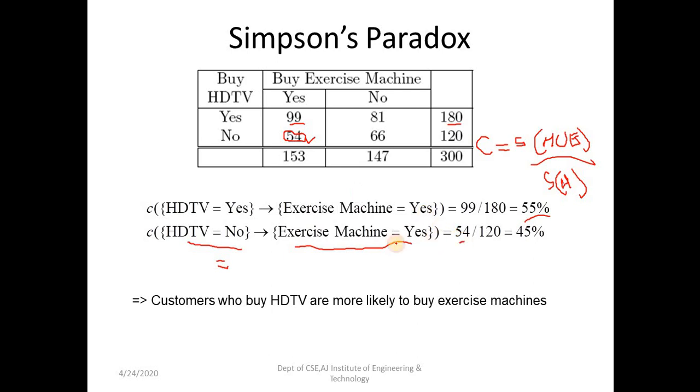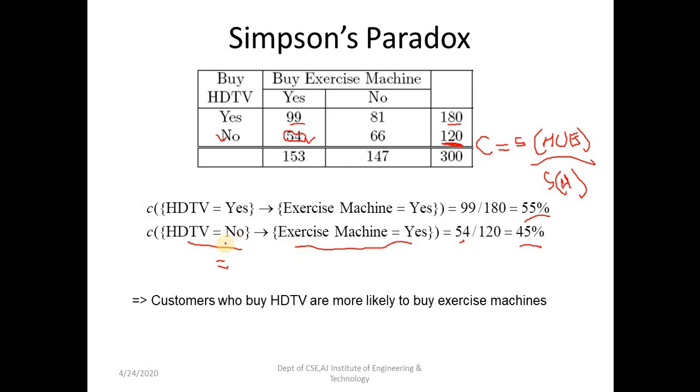Divided by the total support count of HDTV equal to no, which is 120. So 54 divided by 120 is equal to 45%. So this was the confidence generated from this rule.